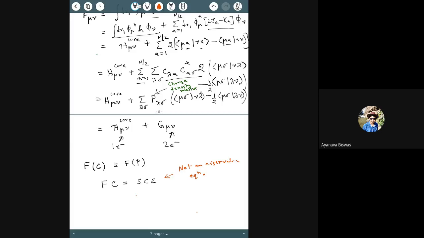So we have encountered this problem before, and we will do a similar trick to get it to an eigenvalue equation. So we want to convert this to something that looks like an eigenvalue equation.